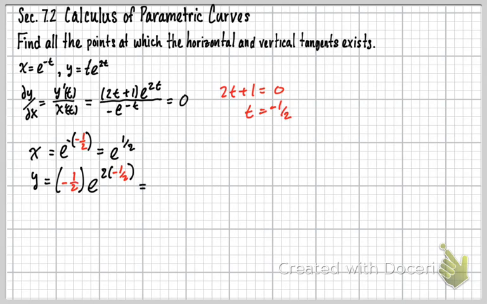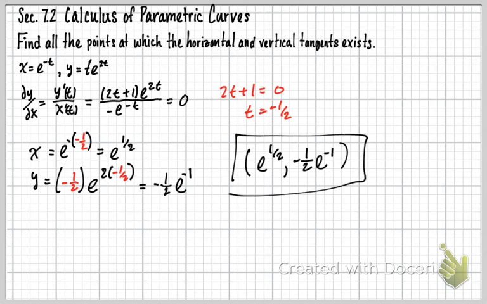Then this equals negative 1/2 e to the negative 1. So there's my y value. My point then, and the only point, would be e to the 1/2, comma, negative 1/2 e to the negative 1. So that's the only answer for this one. Done.